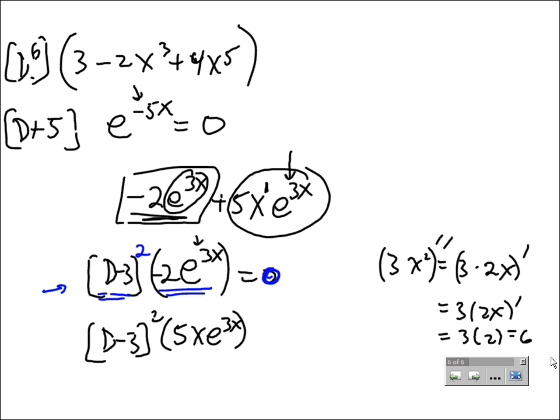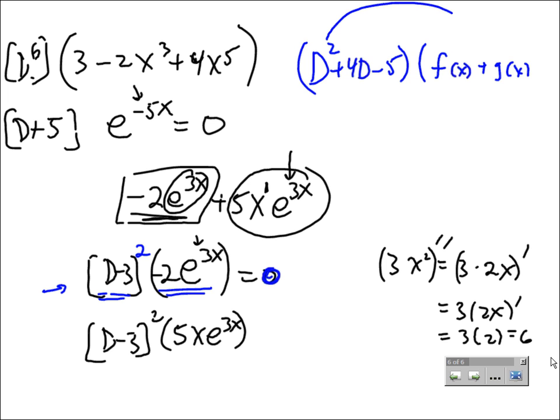Okay. Now, remember that if you have d squared plus 4d minus 5, and you do it on a sum, f of x plus g of x. Well, when you do the second derivative on a sum, derivatives are linear.